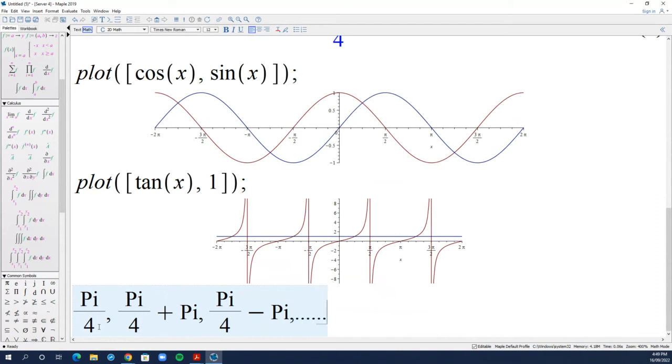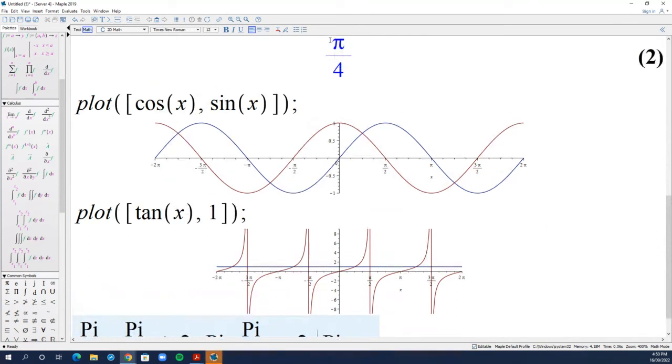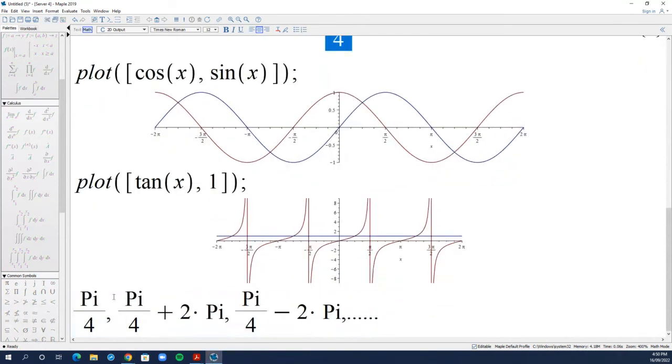It's going to just continue on: plus 2 times pi, minus 2 times pi. So we're going to get an infinite number of solutions there. Not just the one that Maple told us, but we actually get an infinite number of solutions.